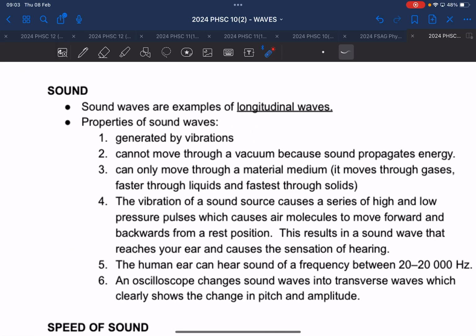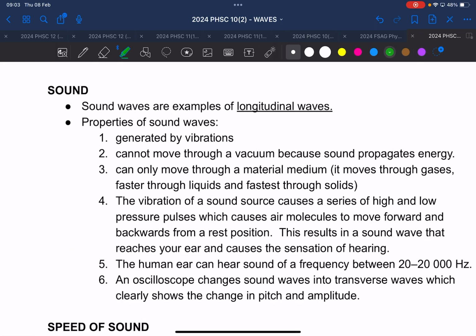Now, one example of a longitudinal wave is sound. Sound waves are examples of longitudinal waves. Transverse waves were water waves, or gamma rays, X-rays or light.